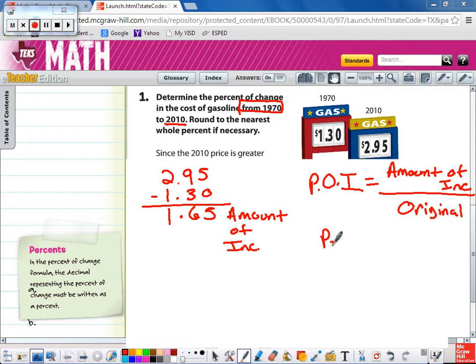So I have my percent of increase, and I'm going to replace all of my numbers. My amount of increase, it increased by $1.65. So I'm going to have $1.65, and I'm going to put that over my original, and my original was when we started in 1970, which is $1.30.